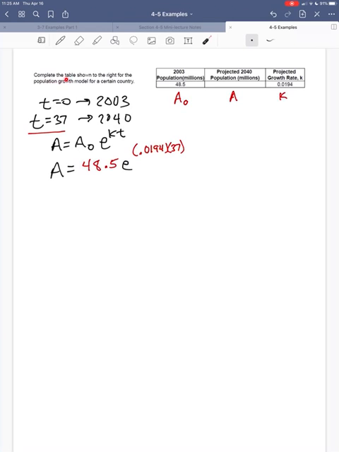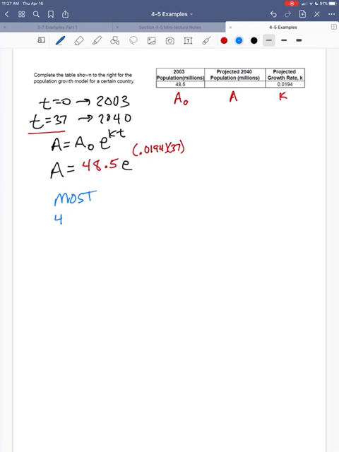The directions here don't say how far to round. I'll just choose something at the end. You'll want to pay attention. Often this is going to tell you how many decimal places to round to, and you just want to follow those rules if that comes up. Most calculators these days, we hit the e to the x button before we put in the exponent. So we can enter exactly how this is.